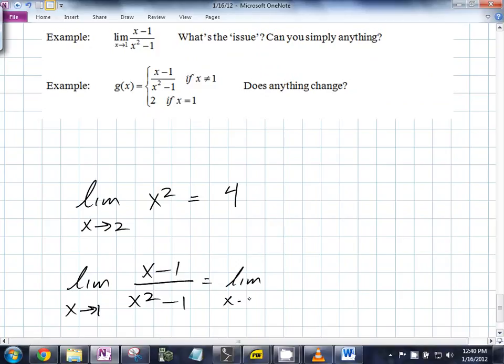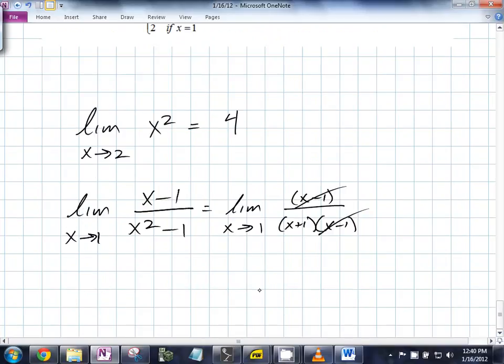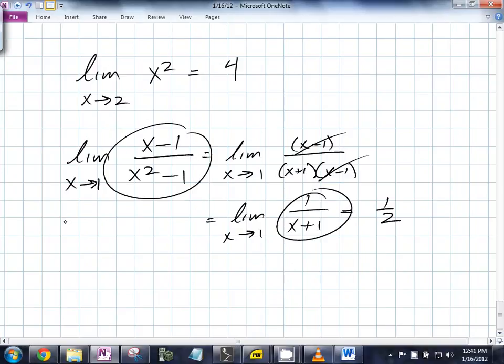Yeah, it does. The only difference between this function and this function, what's the only difference? This function, it's traveling along, and what happens when you get to the value x equals 1? There's a hole there. What about here? There is no hole. All we've done is we've filled in that hole. What is that called? It's called a removable discontinuity.